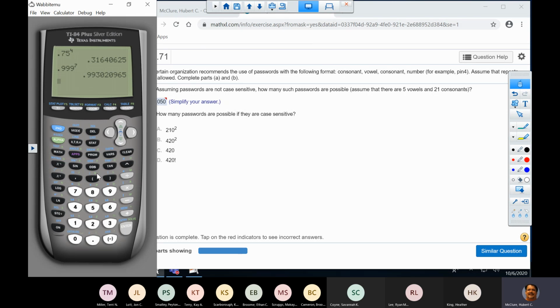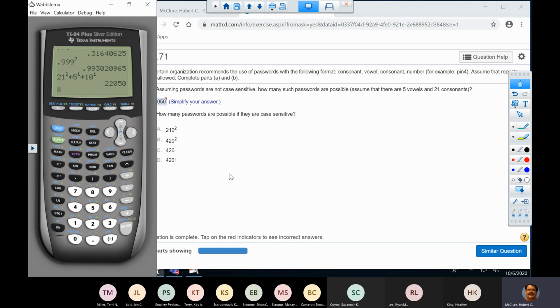Anyway, 21 exponent second power times, y'all have to tell me, was it 5 to the second power or 5 to the first power? I don't have to do 5 to the first power, but I'm doing it for y'all. And 10 to the first power. And that's your answer. And you feel good about yourself.